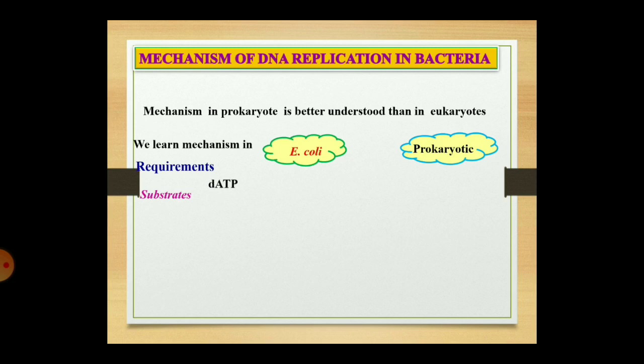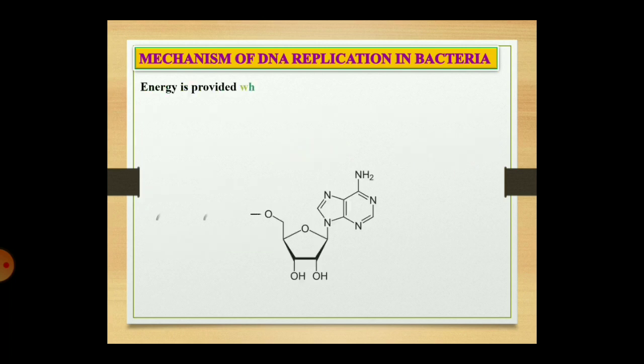These are the substrate molecules. All these nucleotides of DNA are obtained from the energy source, that is dATP, deoxyadenosine triphosphate, deoxyguanosine triphosphate, deoxycytidine triphosphate and deoxythymidine triphosphate. From all these triphosphates, 4 deoxyribonucleotides are obtained.